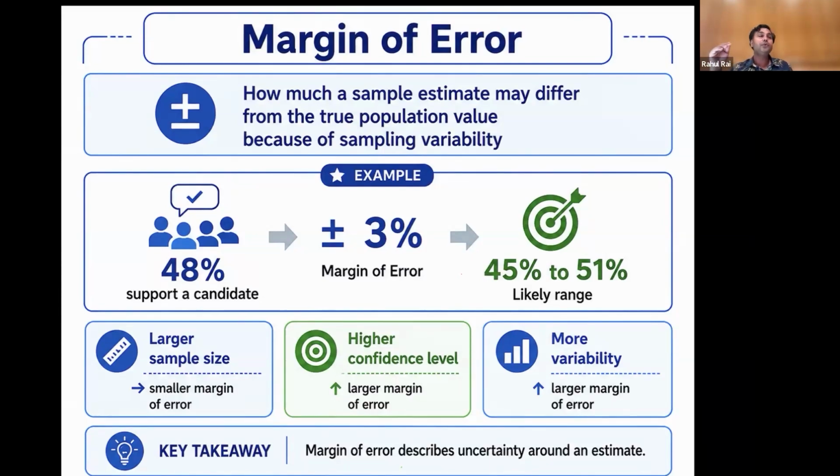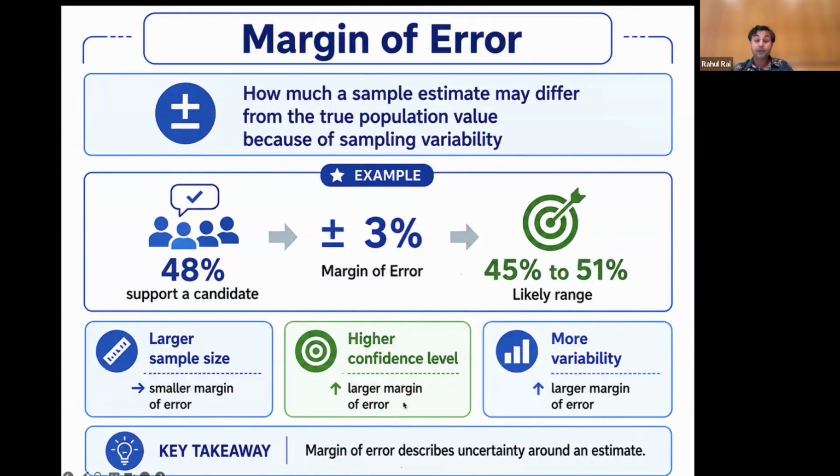So it's going to be closer and closer to the true population mean. It never will be exactly the same, but it will be closer to the true population. So that's one concept you need to keep in mind: a larger sample size leads to a smaller margin of error.